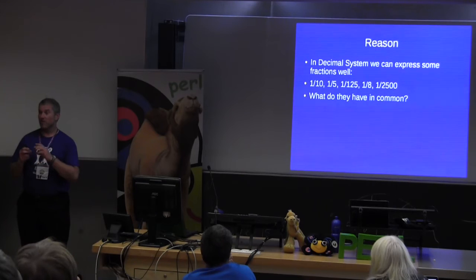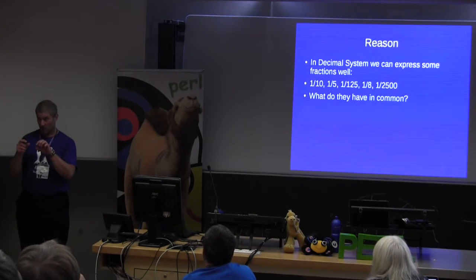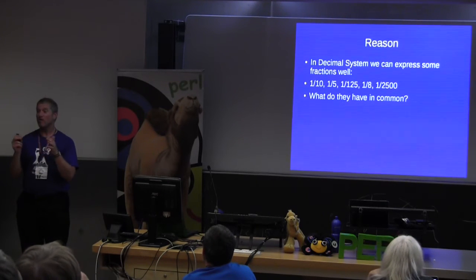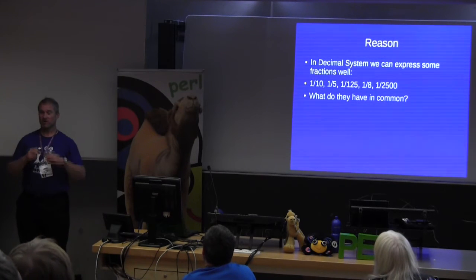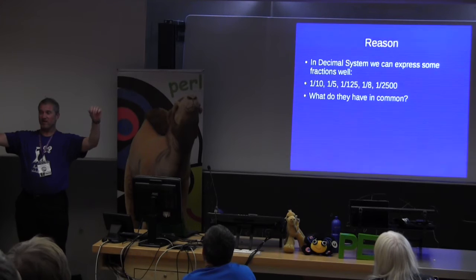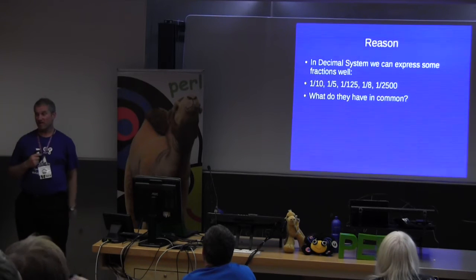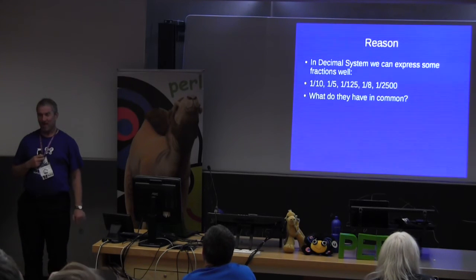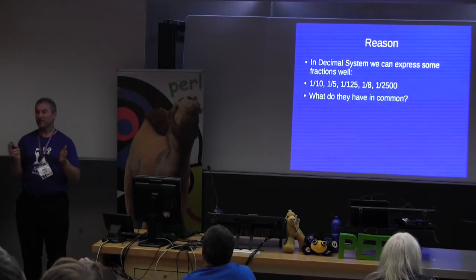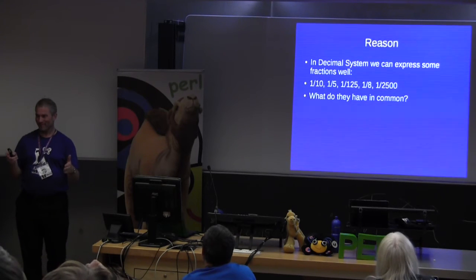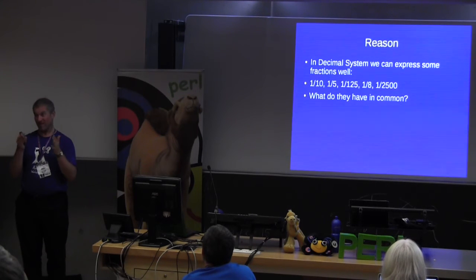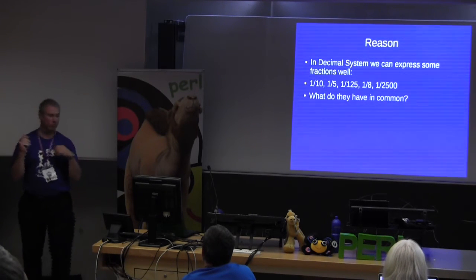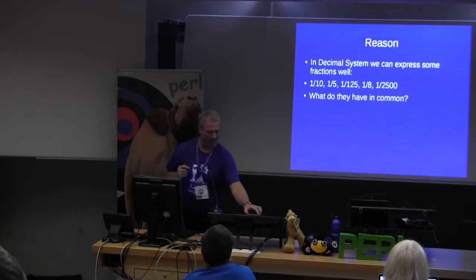But now we are in a binary system. So there we need a power of 2, and it needs to be divisible by the denominator. And the only way to have that is if the denominator is a power of 2. And so 0.2 is 1/5, and no power of 2 is divisible by that, right?